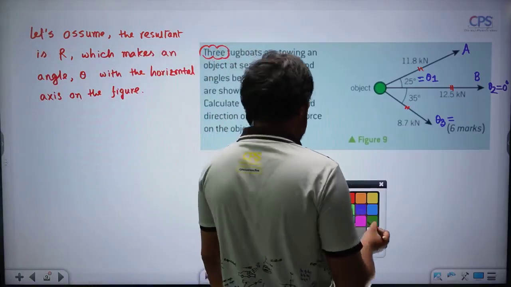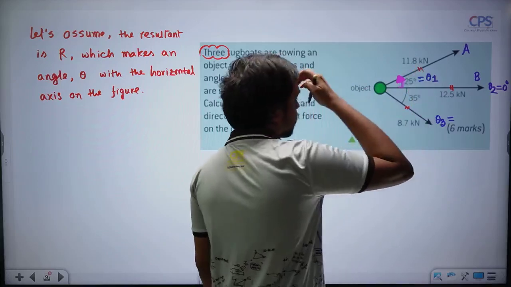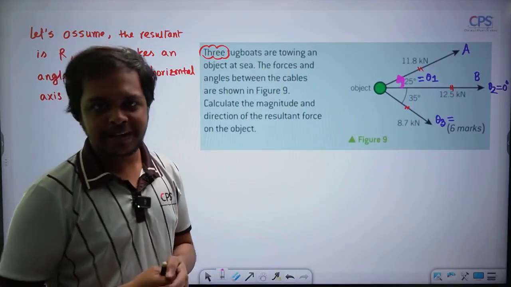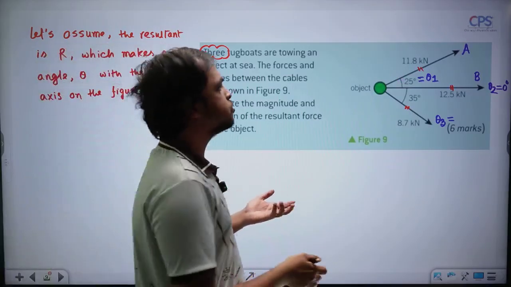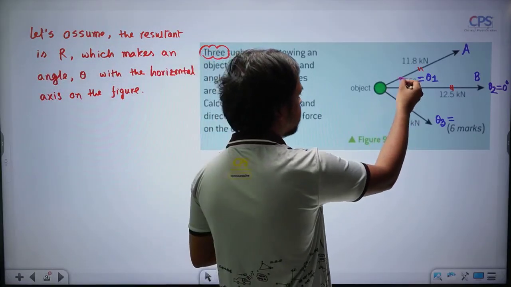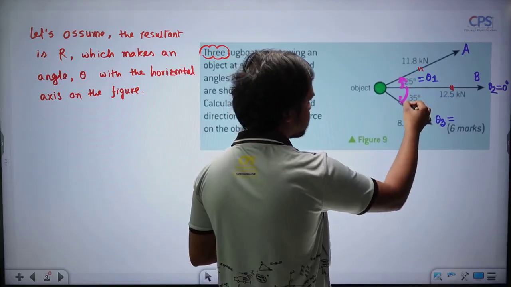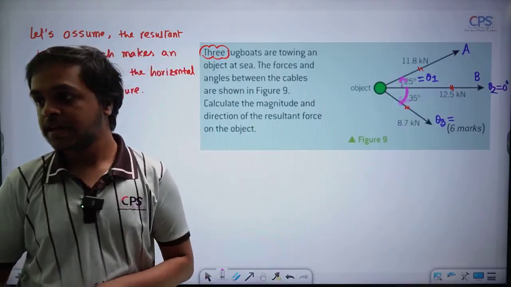This angle was positive because it can be drawn in the anti-clockwise direction. While we talk about axes, in the angles we have to look at the direction, if they are anti-clockwise or clockwise. This 35 degrees is in the clockwise direction.